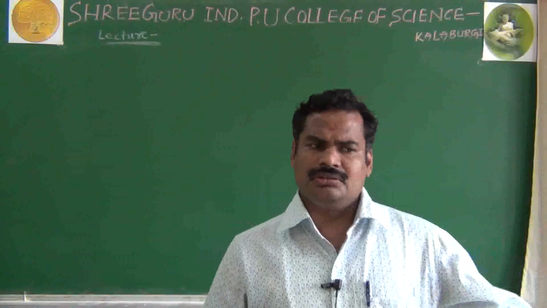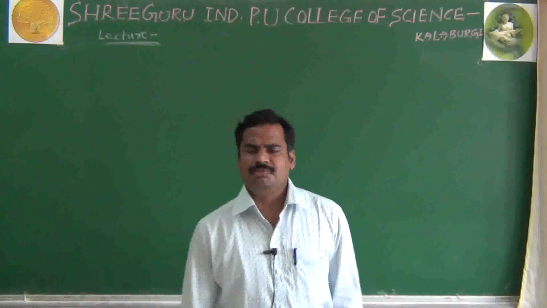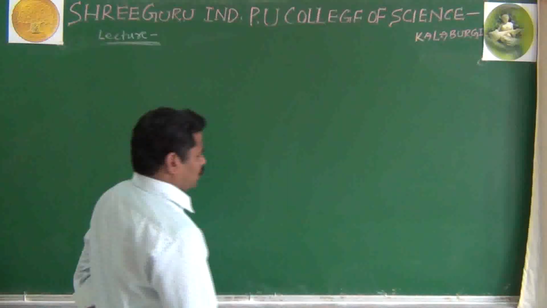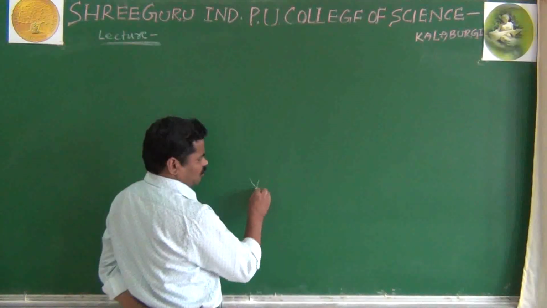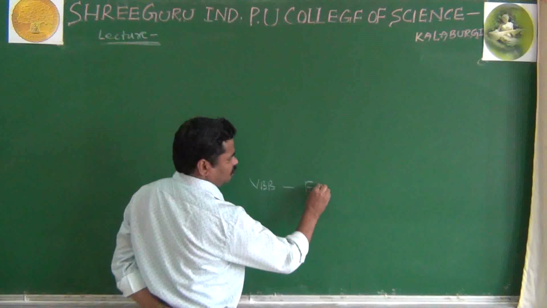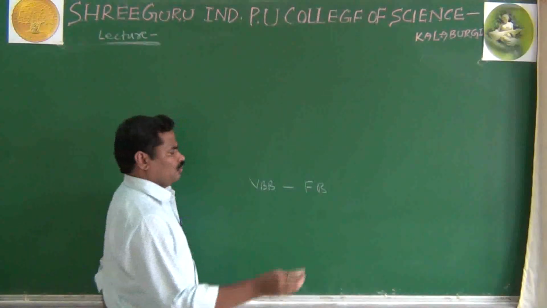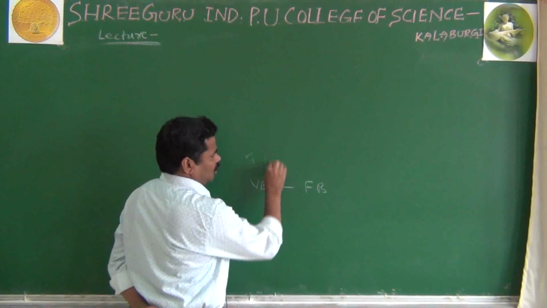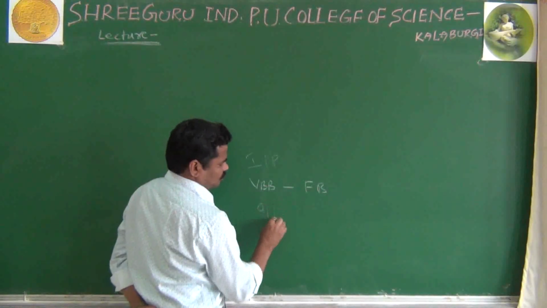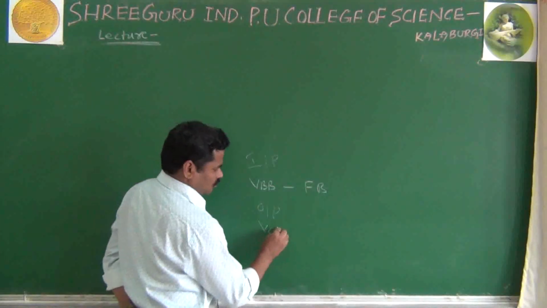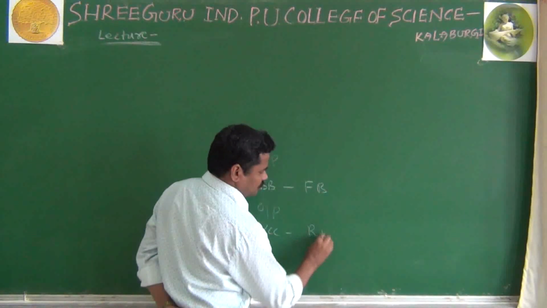And before that, as you studied in the basic functions of transistors, to make it forward bias, we apply the VBB in the input section, and in the output section, we apply the VCC to make the output reverse bias.